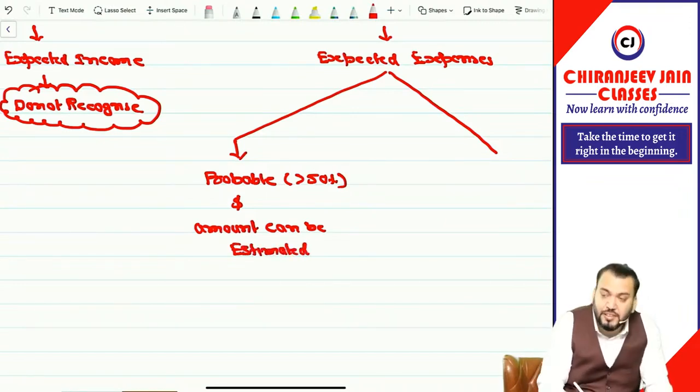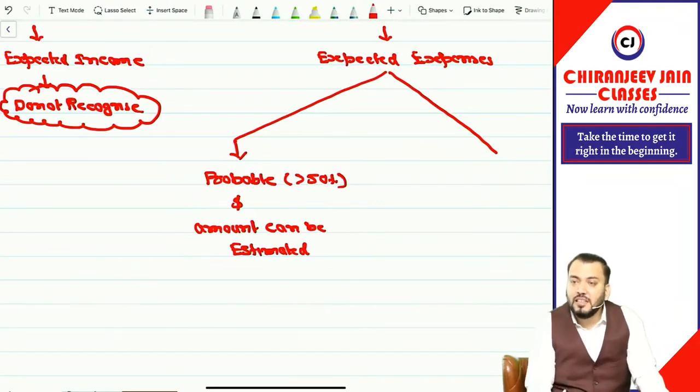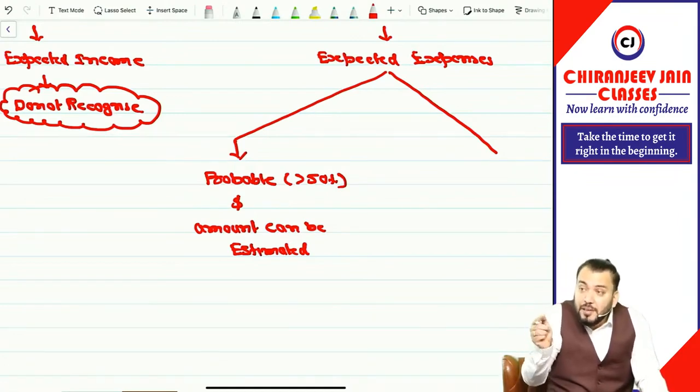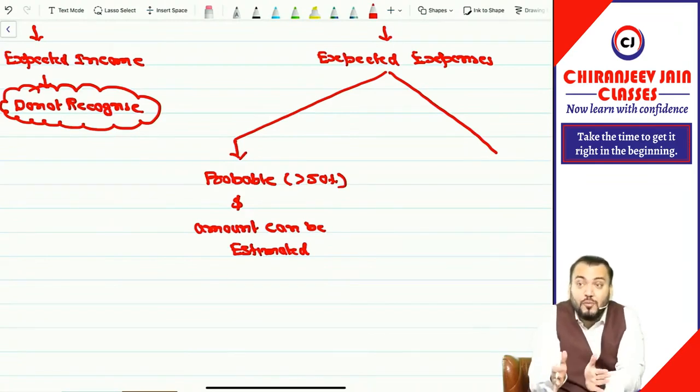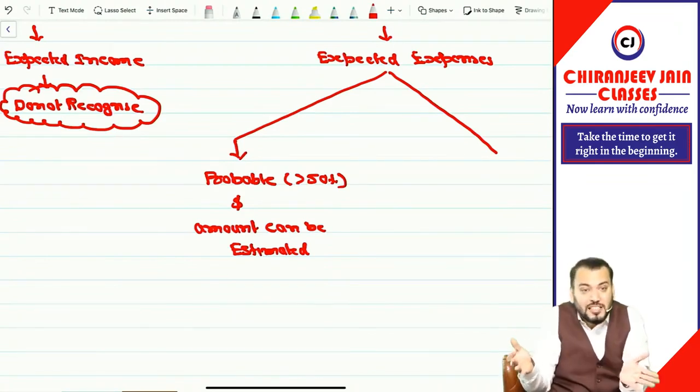Can I say what will be the outflow due to such unfavorable situation can be understood only when that uncertain future event occurs? Therefore right now we don't know the amount of expenses.